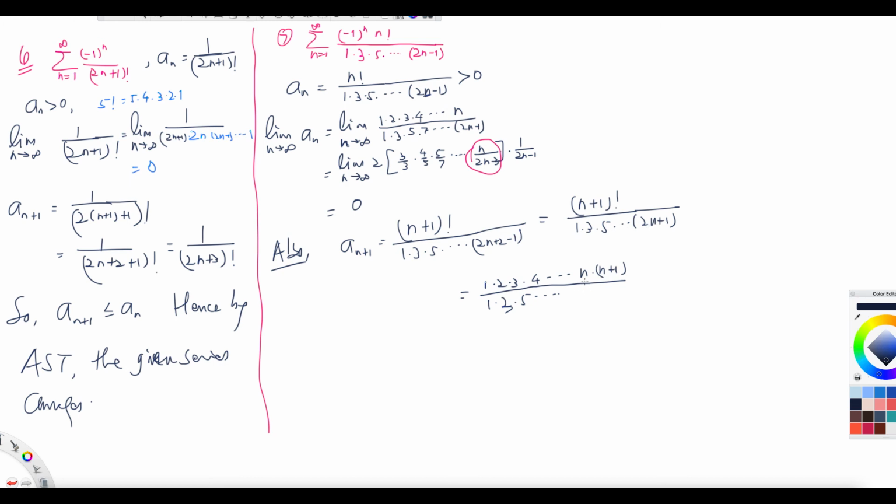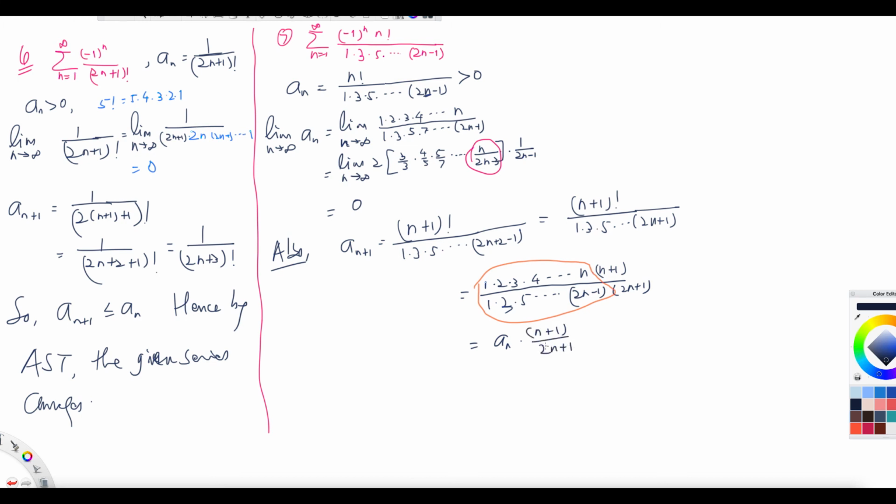You see that these things are basically an. So that is basically an times n plus 1 divided by 2n plus 1.